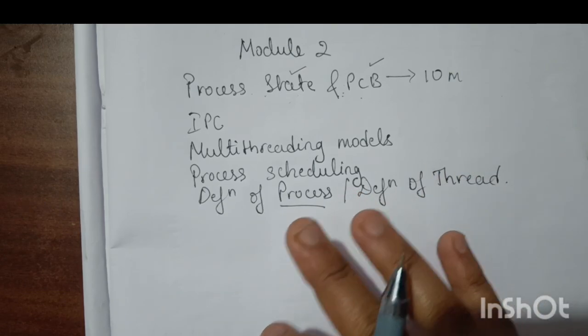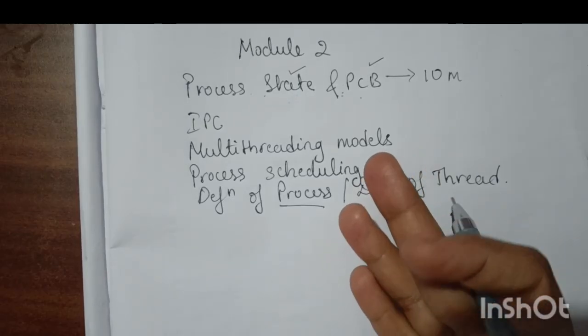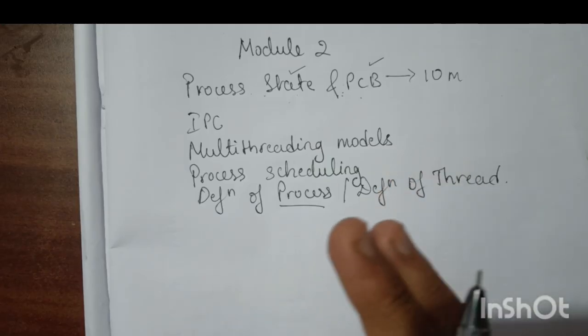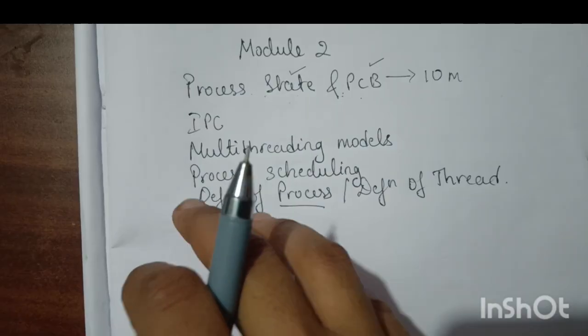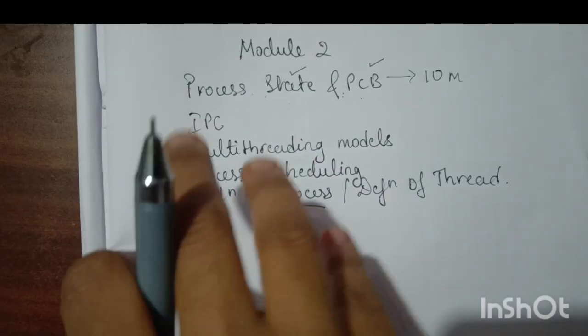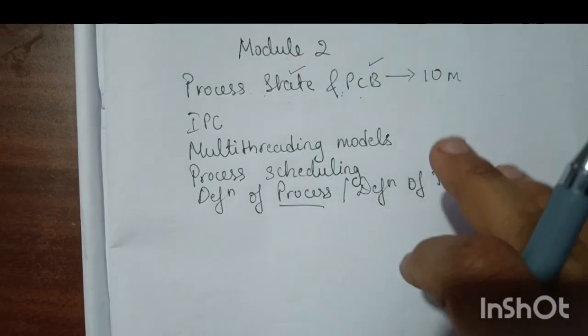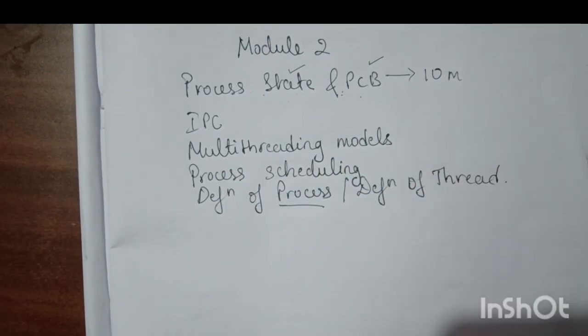Programs are basically in your secondary memory. When we are trying to execute those programs, they are loaded into your main memory. So when that program comes to main memory, it starts its execution. That time it becomes a process.